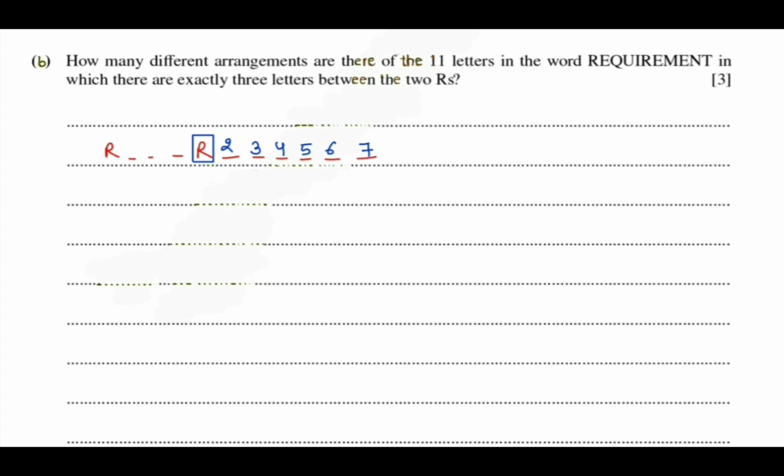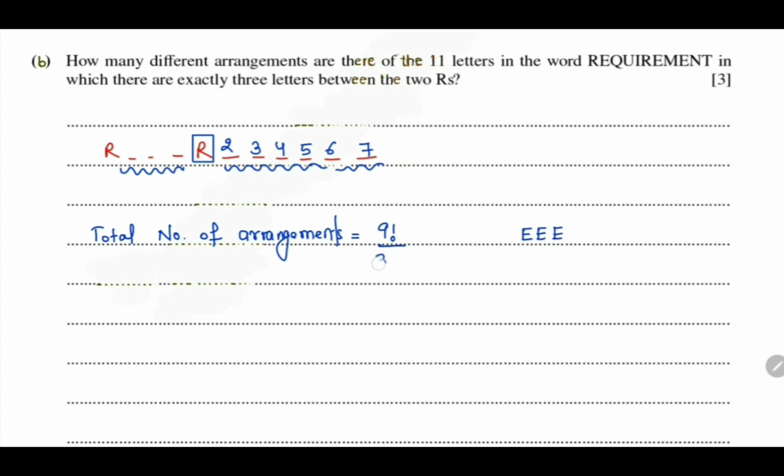So if you remove the 2 R's, then these 3 letters and these 6 letters, 9 letters in all, can arrange themselves in 9 factorial divided by 3 factorial, as we have 3 E's.